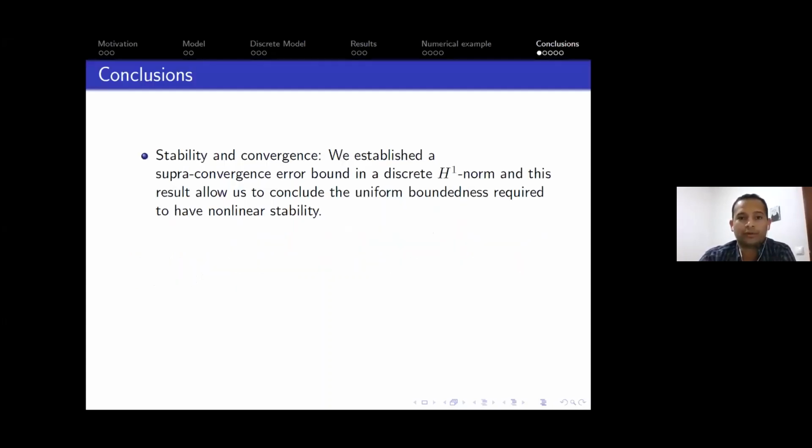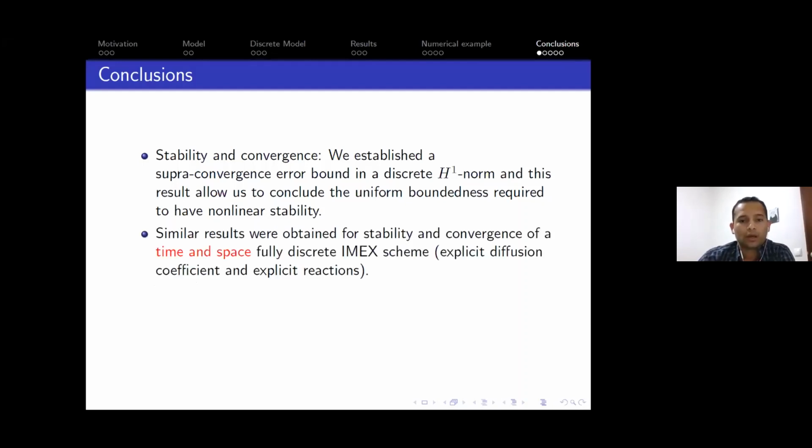So we go to the conclusions. Here I just want to say that we got a supraconvergence error bound in a discrete H norm as a result.